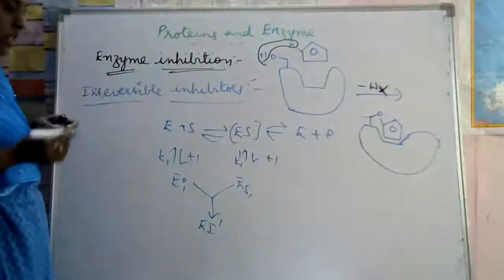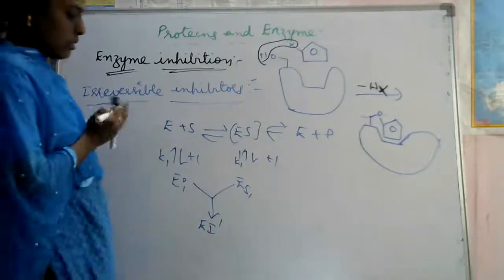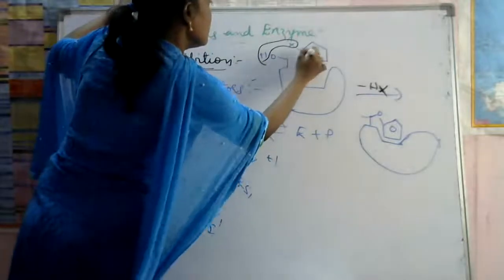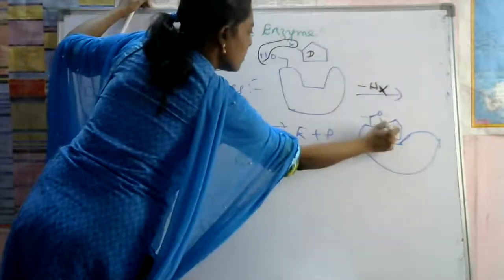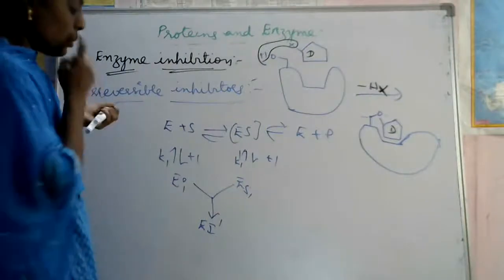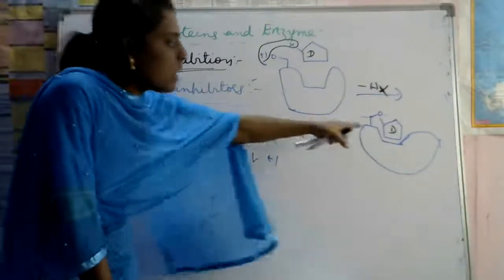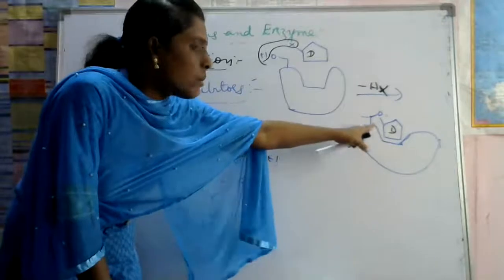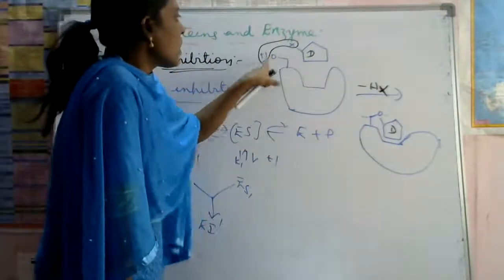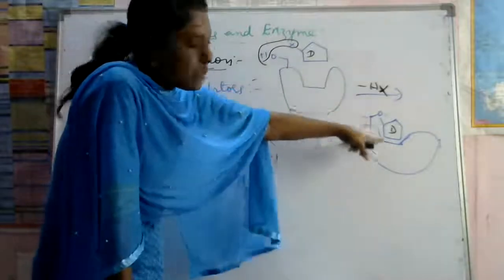Okay, like this, it forms this one. It forms this group. So a chemical reaction occurs because here it removes H and X, and binds to this one.